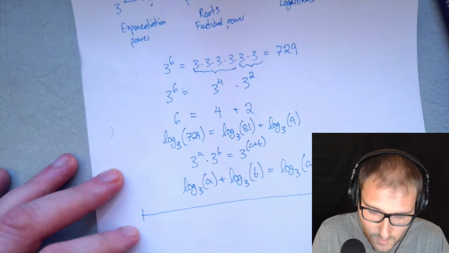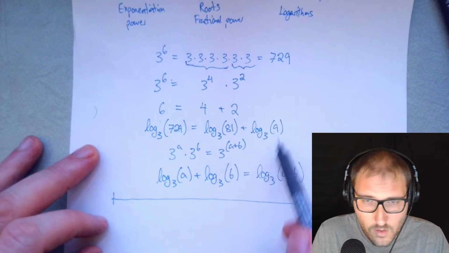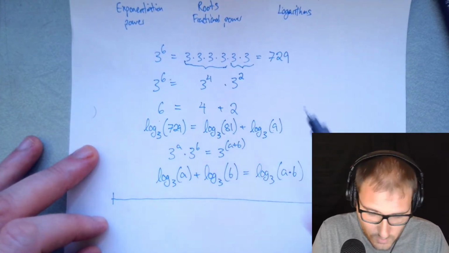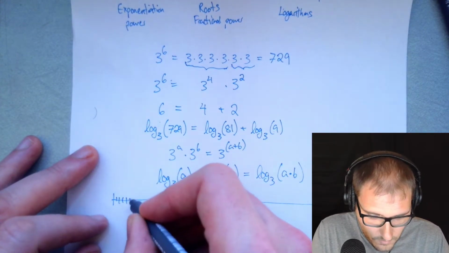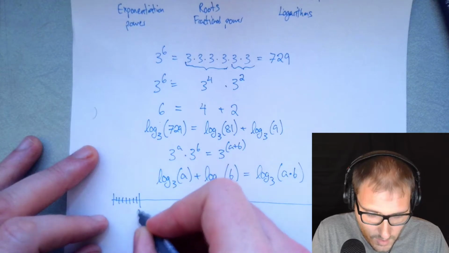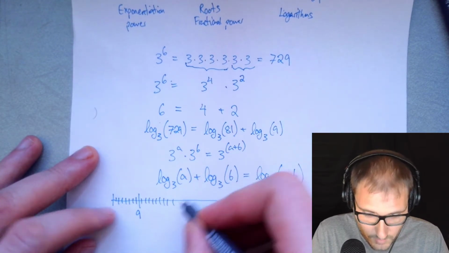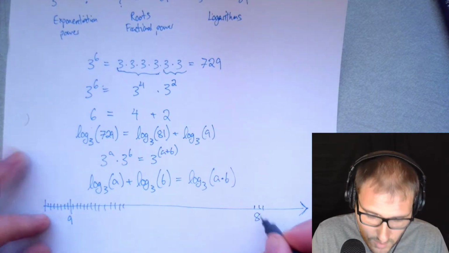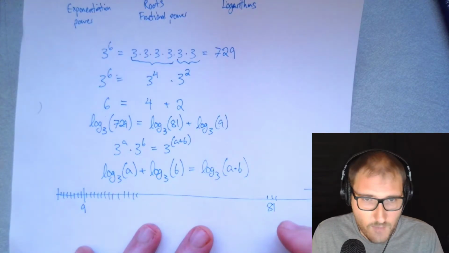Just because I have some situation where I've measured 3 things, and one of them's 9 pounds, 81 pounds, and 729 pounds, and I want to put them on a graph. So okay, I put the 9 there, and I start making more tick marks, and boy, I'm gonna kind of get bored before I get out to 81 might be all the way over here, and 729, I don't have enough room on the paper for that.